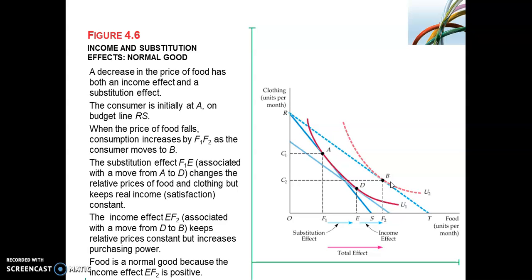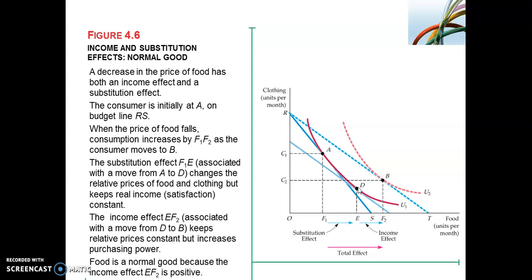Now, that total effect can be broken down into two effects, namely the substitution effect and the income effect. So the substitution effect is given by F1E, that distance over there, and it's associated with a move from A to D. And that is as a result of changes in relative prices of food and clothing, but it keeps real income or satisfaction utility constant.